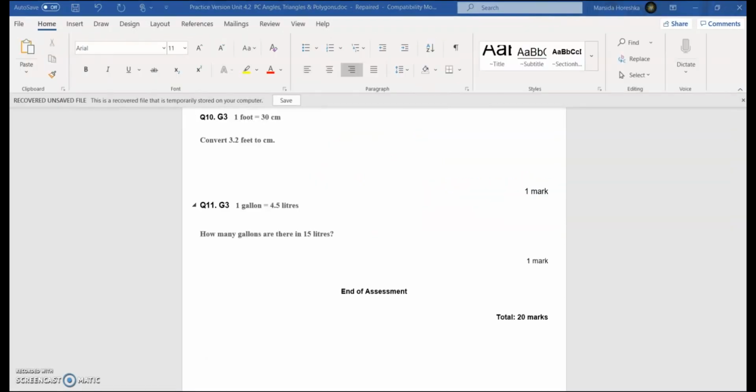We have 1 foot is equal to 30 centimeters. Convert 3.2 feet to centimeters. So this is a ratio question as well. So 1 foot is equal to 30 centimeters. We need to convert 3.2 feet to centimeters. So to get from 1 foot to 3.2 feet, we've multiplied by 3.2.